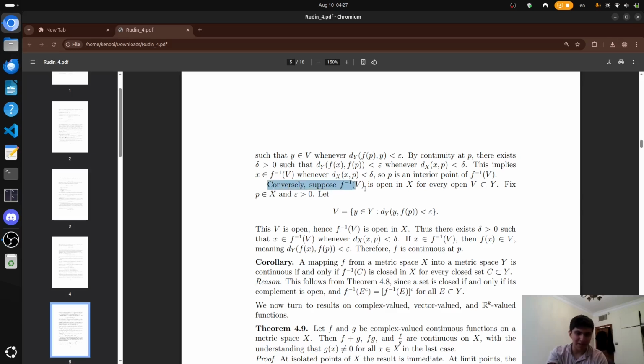Conversely, suppose f inverse of V is open in X for every open V in Y. Fix p in X and epsilon greater than 0. Let V equal the set of y in Y such that d_Y(y, f(p)) is less than epsilon.